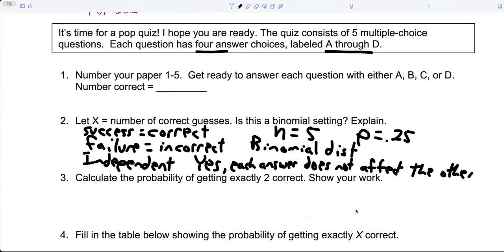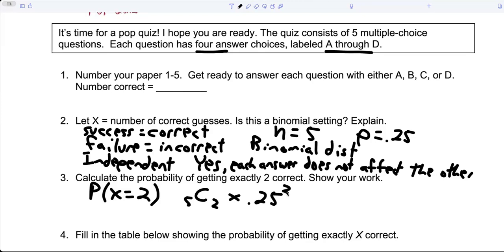Number 3 says calculate the probability of getting exactly 2 correct. Show your work. So let's do this the 2 ways. We have the probability that x is equal to 2. We're going to do 5 choose 2 times the probability of success, which is 0.25 raised to the second.